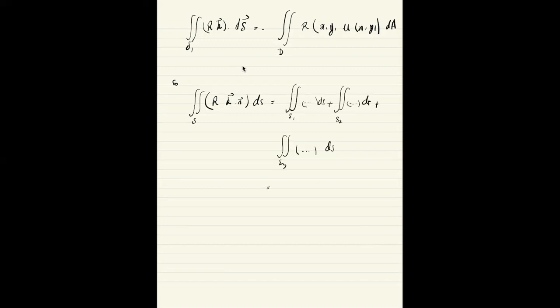So it's the integral over D of R(x,y,u2(x,y)) minus R(x,y,u1(x,y)) dx dy, which is the same thing as the integral over E of the partial derivative of R with respect to z dV.